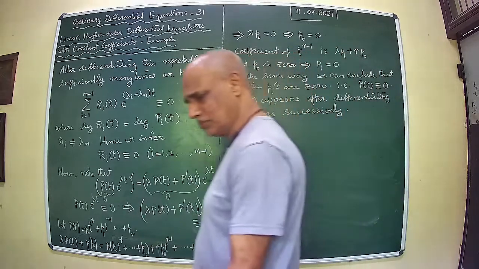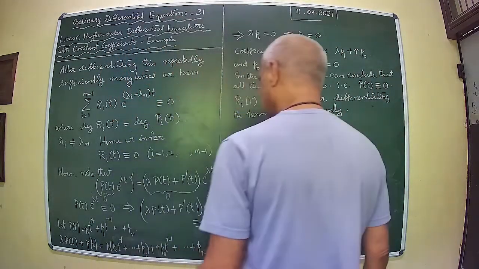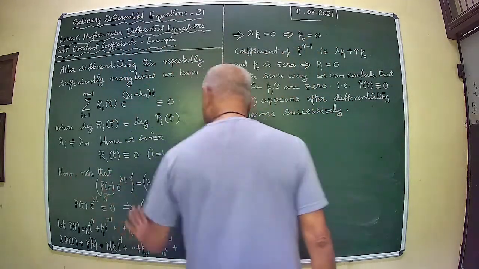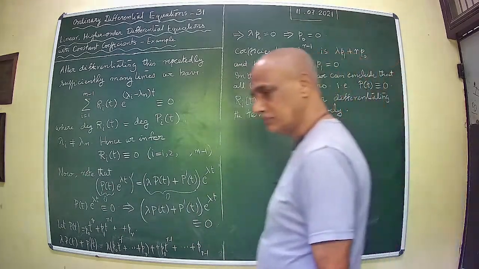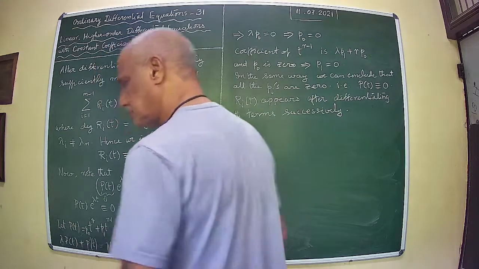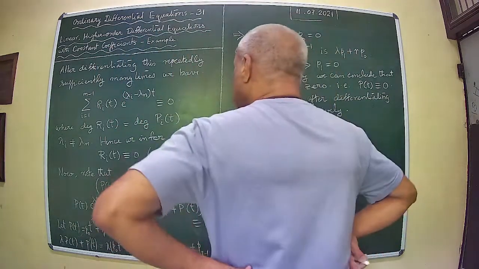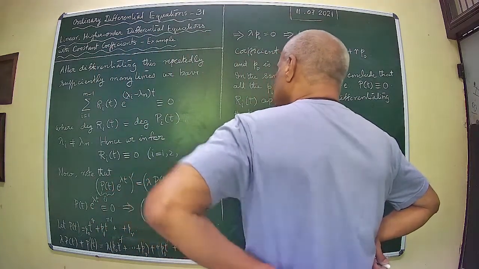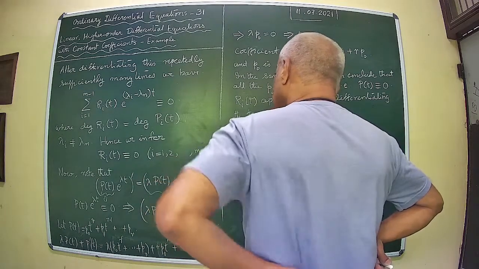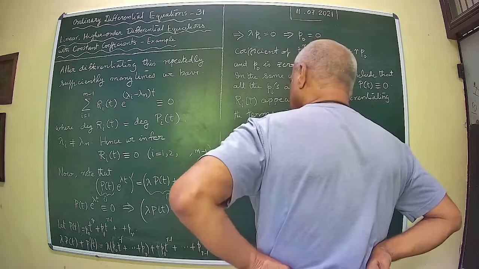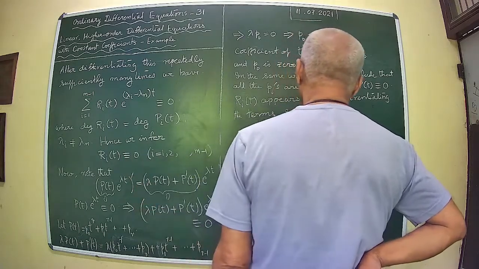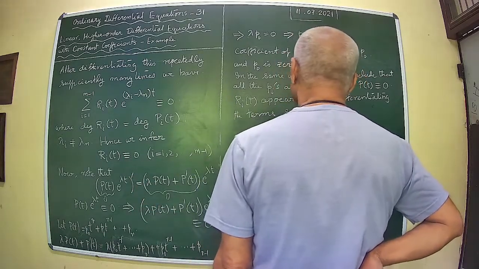I leave it to you to work out the details, because both these polynomials have the same degree, everything works well. All this, that e to the power lambda t is not equal to 0, is what matters.